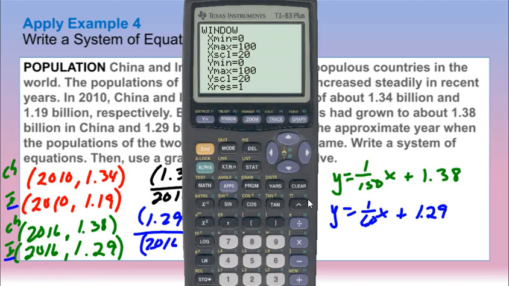So let's change the X maximum. I'll keep that one there, but let's do the Y max. Let's make that 5, and then we'll count by 0.5.